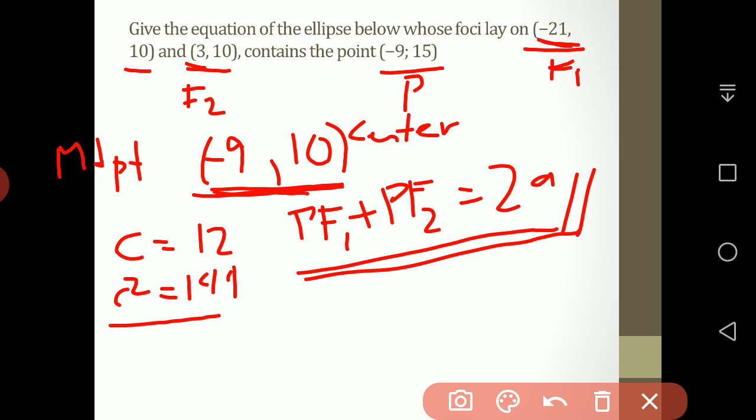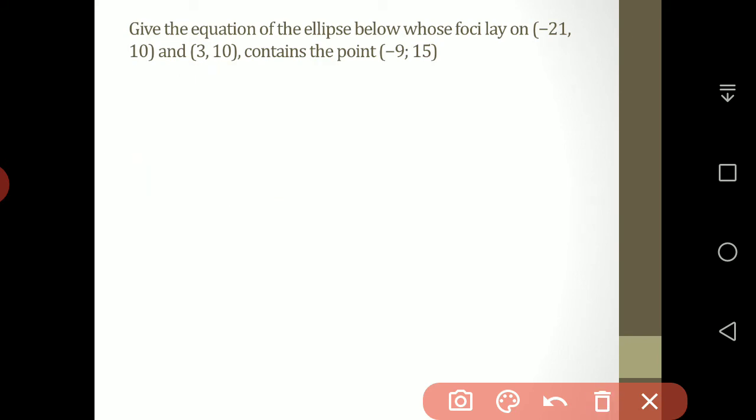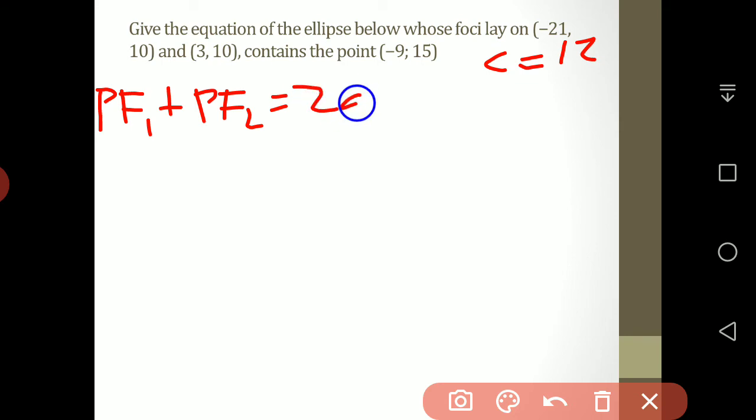I'm going to use the things here to get A. Just remember that C is already 12. Now PF1 plus PF2 is equal to 2A.